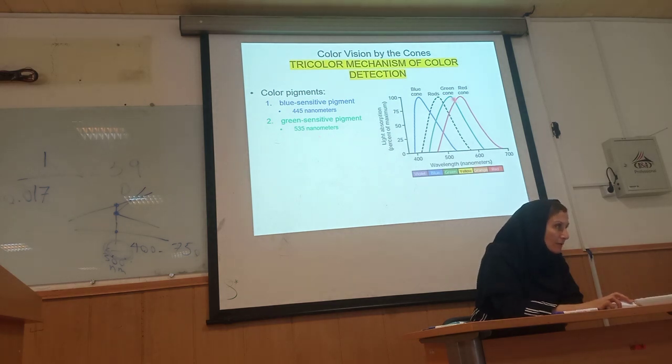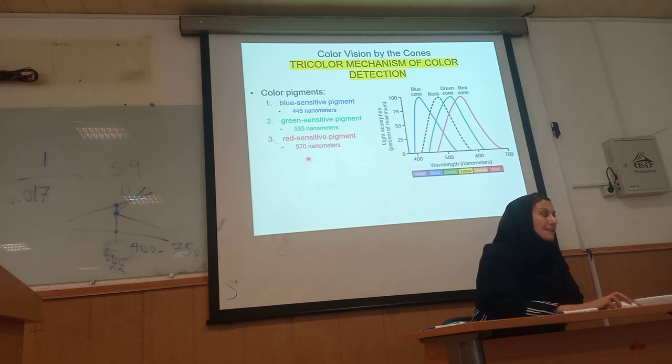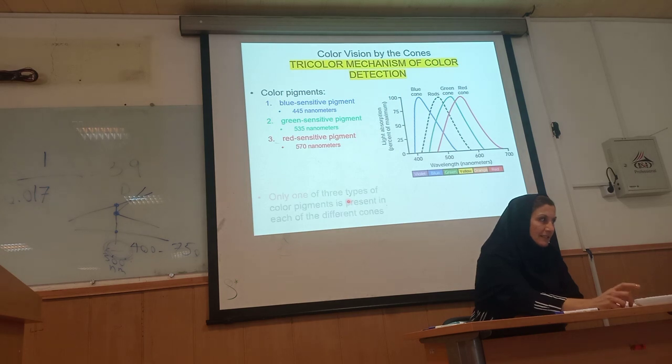The maximum response is at 535 nanometers, but there is a range of response. Another is the red sensitive pigment. The maximum response is at 570 nanometers. Pay attention to this.